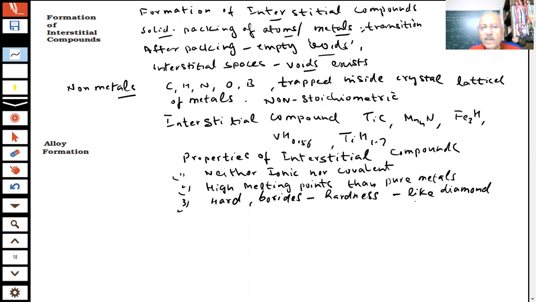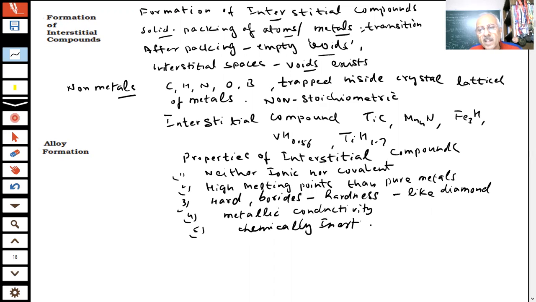So properties have been modified, and they have a metallic conductivity. Metallic conductivity is observed because of the presence of free electrons, and chemically they are inert. They do not want to react. More dense packing has taken place.